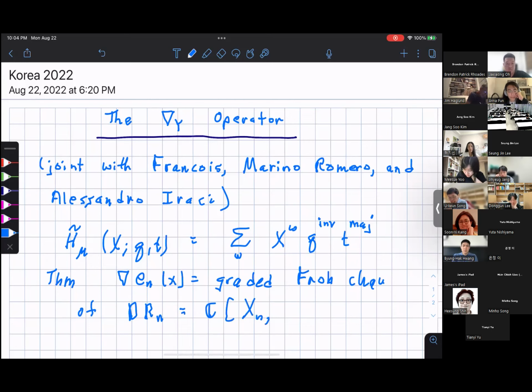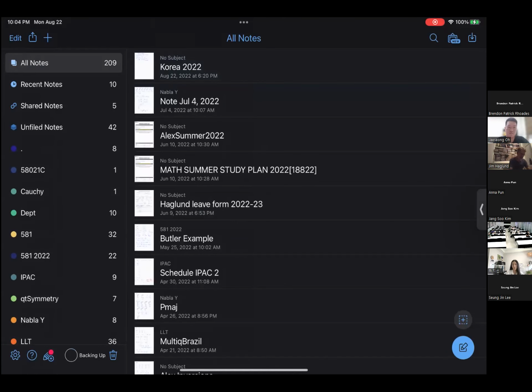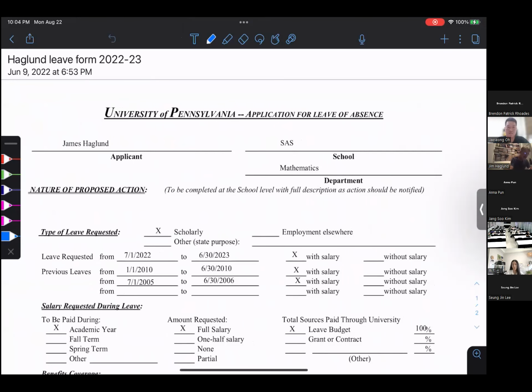So this capital X_n is a set of n x variables, and then you have capital Y_n, a set of n y variables, and then you mod out by the ideal generated by the same thing, but of positive degree, and which are fixed by the symmetric group, invariant under this diagonal action.